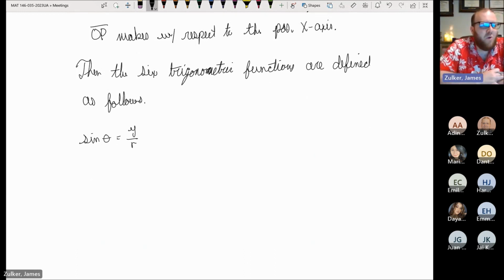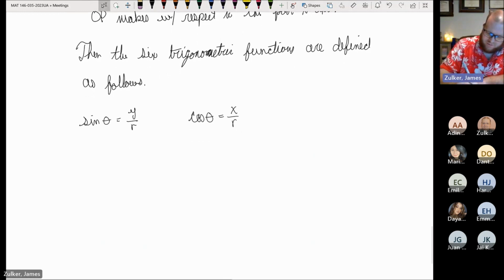Sine of theta is y over r. Cosine of theta is x over r. Secant of theta, r over x.